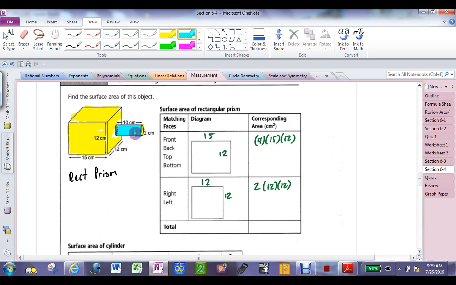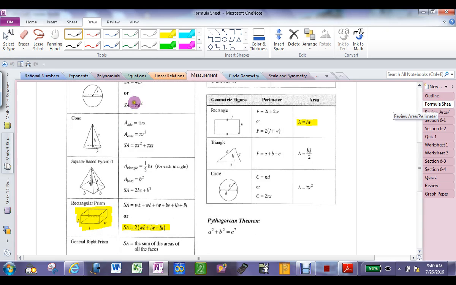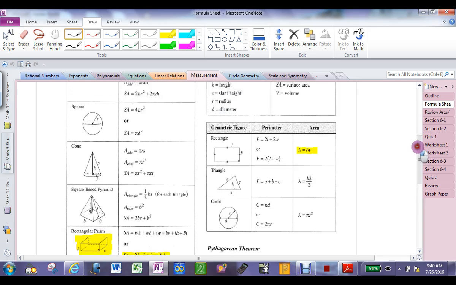Now cylinders are lovely for us because there's 2 parts of the formula, isn't there? There's the top and bottom, and there's just the curved part, right? So really all I've added is the curved part. Do I have a formula for that on my formula sheet? You damn skippy, I do.